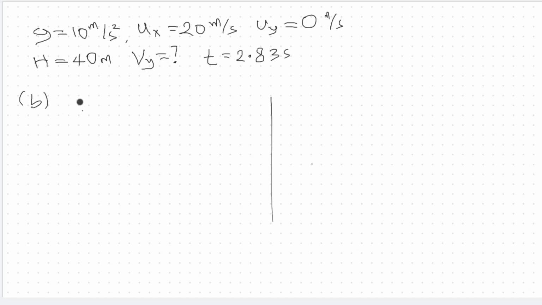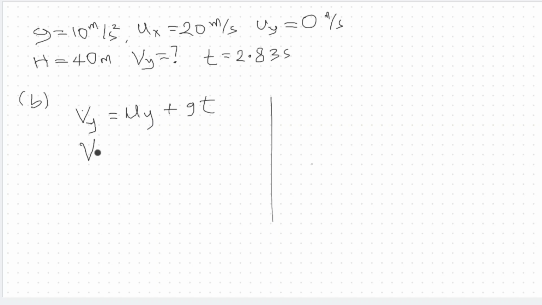That's what we want to look for now: the vertical component of the velocity when it hits the ground. So we use the formula v_y equals u_y plus gt, which is the formula we have been using. v equals u plus gt, and we just attach y because at that point the motion is vertical. Substituting values, u_y is 0, g is 10, t is 2.83 seconds.